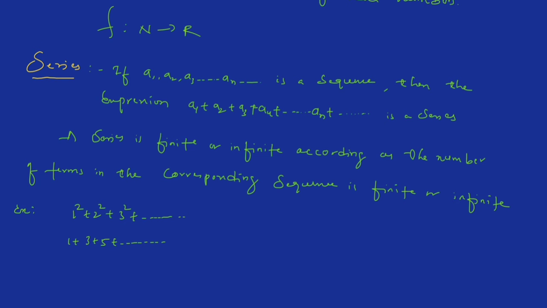Examples we have already seen, and the definition of sequence in another form is that a sequence is also defined as a function from the set of natural numbers to the set of real numbers, that is, f from N to R is a sequence, right? So series you already know: if a1, a2, a3, so on an is a sequence, then the expression a1 plus a2 plus so on, the addition of all the terms, is our series.